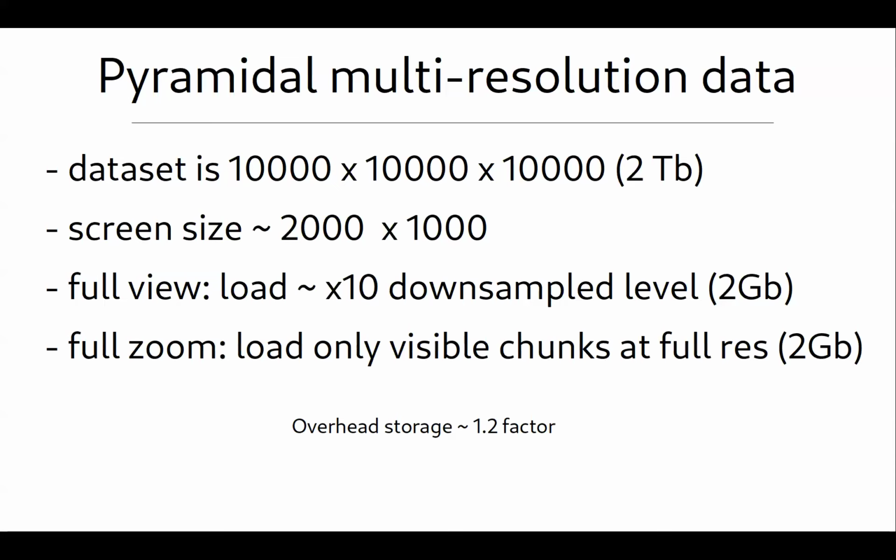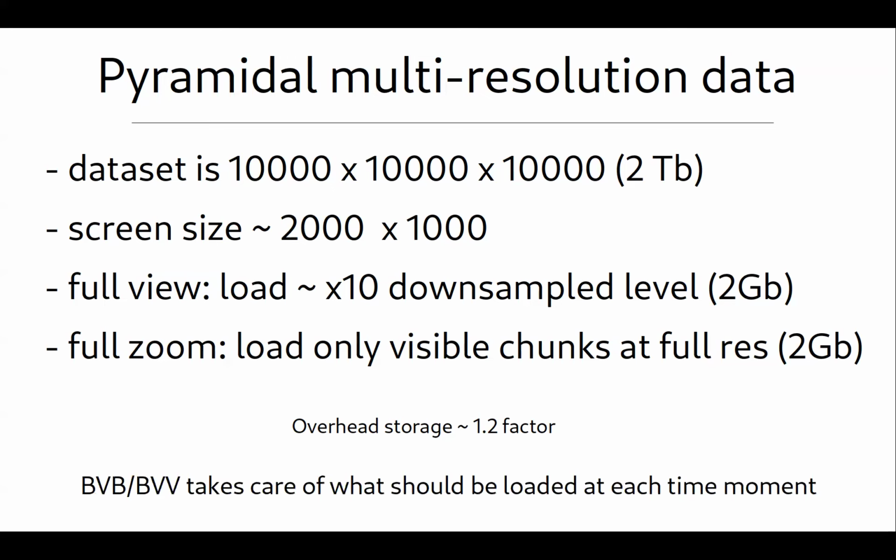But then if you zoom in to some part of this data set, at 100% you will see just a chunk of 1000 by 1000. So you still need to load only a small part of the data set in full resolution. Again, you don't need to load everything. This is the main power of the whole ecosystem of BigDataViewer and BigVolumeBrowser: they know how to work with all these things.